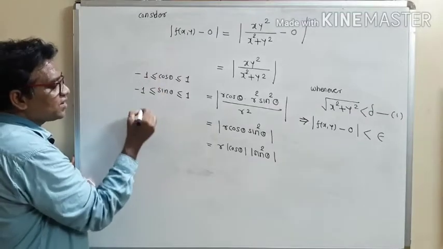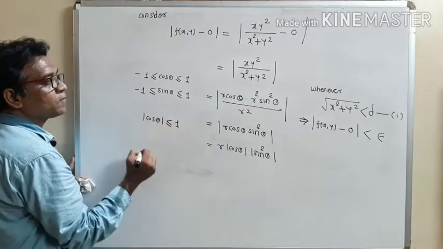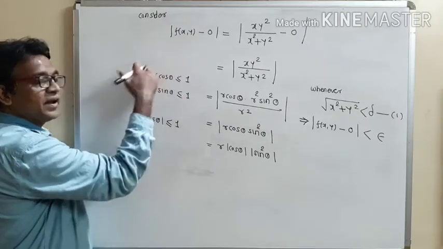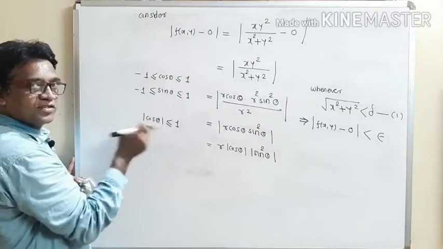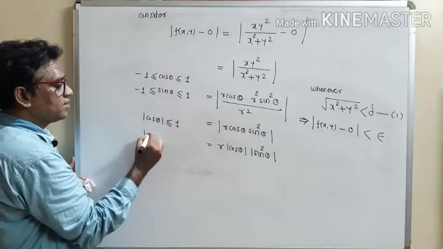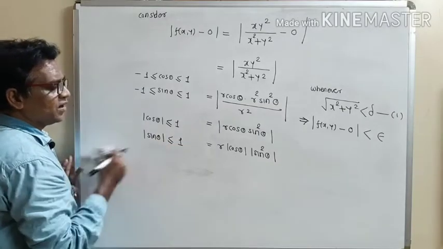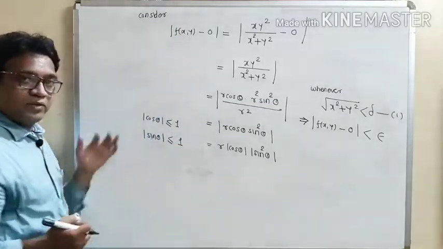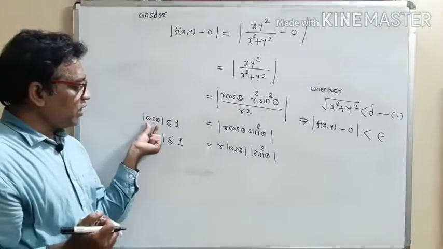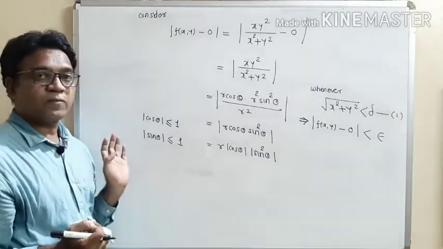These two statements can be written as modulus of cos theta is less than or equal to 1. Cos theta lies between negative and positive values, so we can take the modulus. Sin theta lies between negative and positive values, so we can write modulus of sin theta is less than or equal to 1. These are called the maximum values. Maximum value for cos theta is 1 and the maximum value for sin theta is 1.